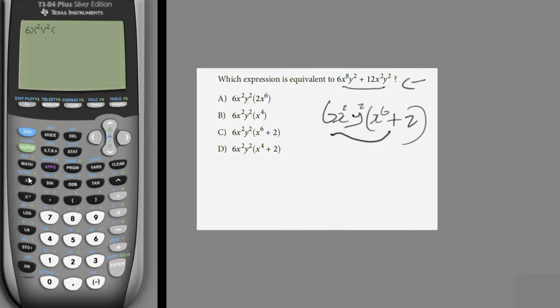We have x to the power 6, you come down, plus 2. So that's it. Close the bracket. Let's press enter and see if we get 6336 thereabout. Exactly 6336. So the right answer is option C.